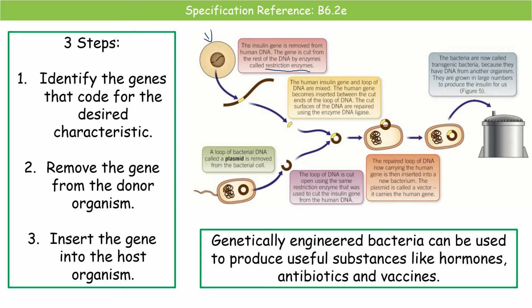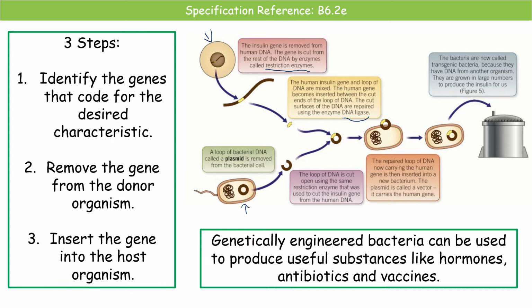From a bacterial cell down here, we're going to remove the plasmid. So that loop of bacterial DNA, we remove the plasmid and we use the same restriction enzymes to cut that plasmid open. What we then do is we place our human insulin gene and our open plasmid together with an enzyme called DNA ligase, and it's going to join those two things together.